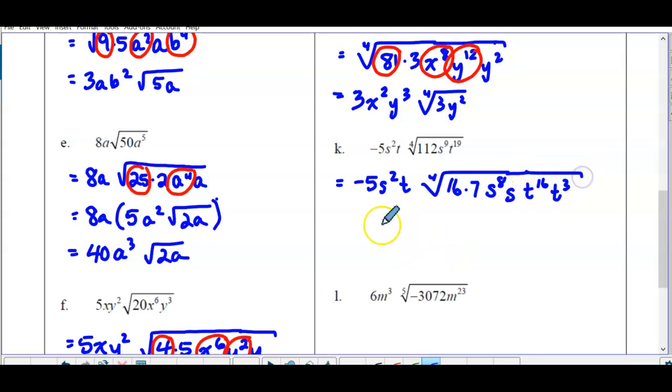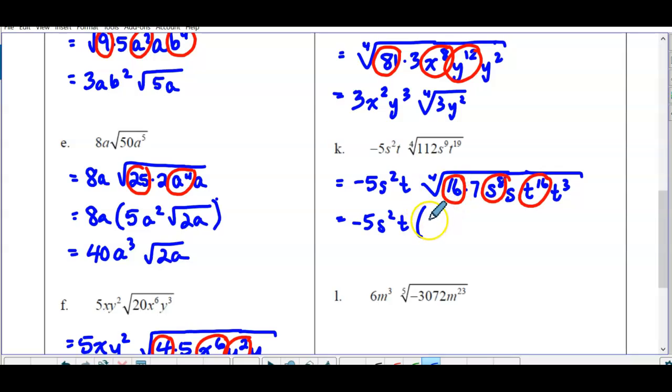16 and 3. Be careful of your S's. It's hard not to make them look like 5s. I tend to do written S's when I do them, but in any case, I'll keep them the same. So that's a fourth power, that's a fourth power, that's a fourth power. So negative 5 s squared t.